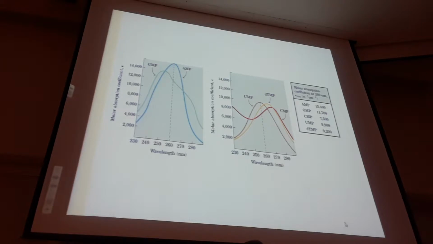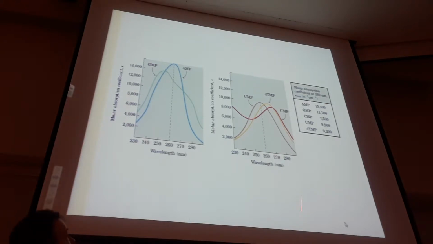And I think I told you, or you should know by now anyway, that a particular wavelength is usually chosen to quantify or measure the absorbance of protein samples. Do you know what wavelength that is? 280 nanometers, and this is based on the absorbance maximum that we have for tryptophan.